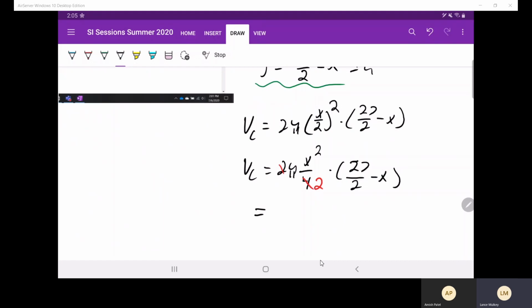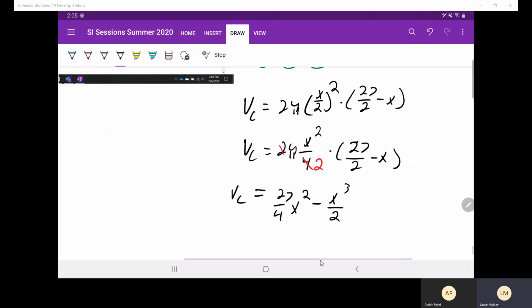If we multiply this through right here, this is a 2, so it'll be 27 over 4 x squared minus x cubed over 2. We still good? All right.